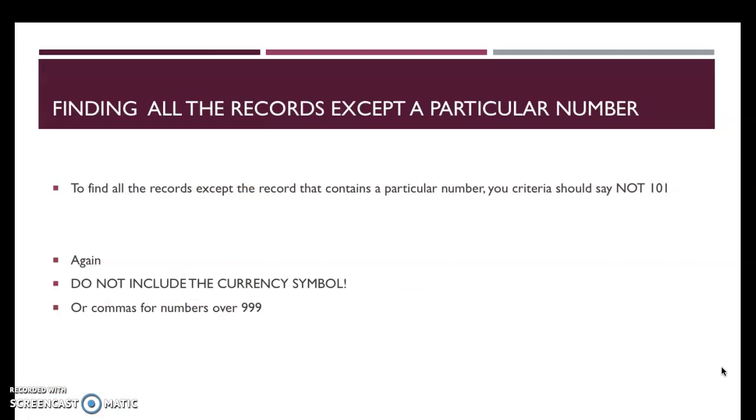To find all of the records except a particular number is a little bit different. So when we want to find records except the record that contains a particular number, your criteria should say not. We're actually typing the word not. So we're not finding the records where the units is 101. And again, no currency symbols, no commas.